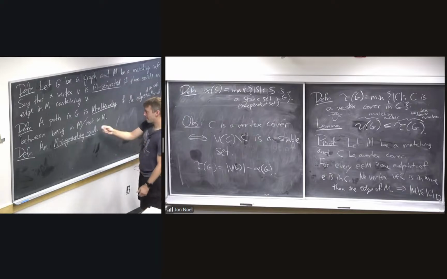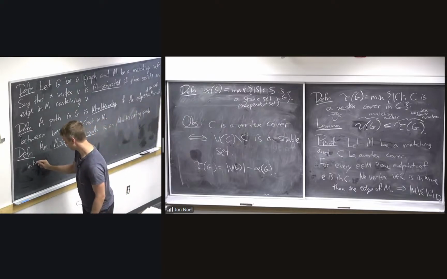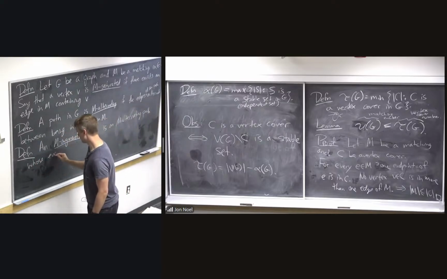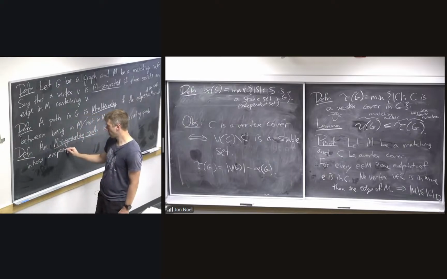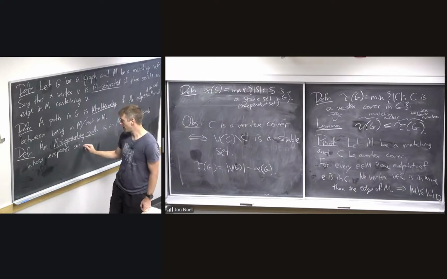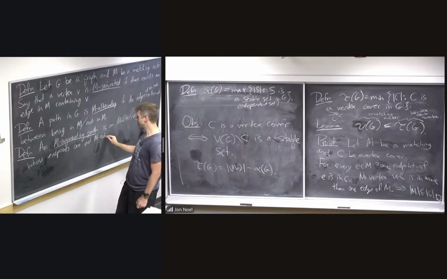So an M augmenting path is an M alternating path whose endpoints, the first vertex and the last vertex of the path, are not M saturated.